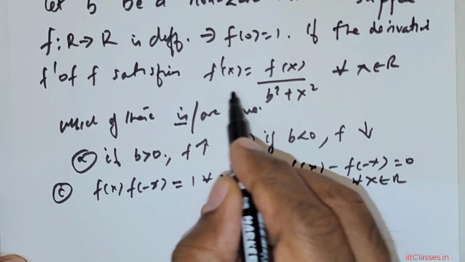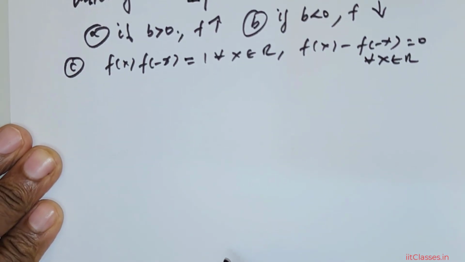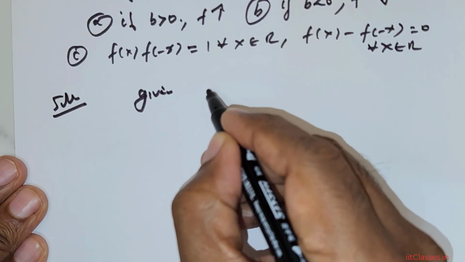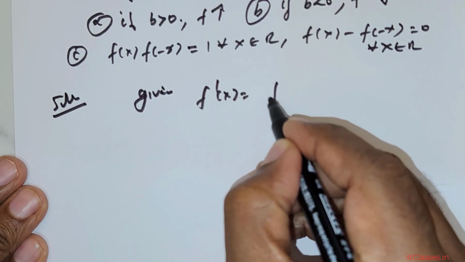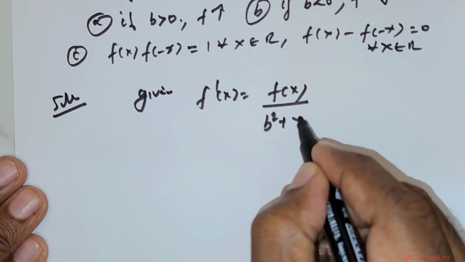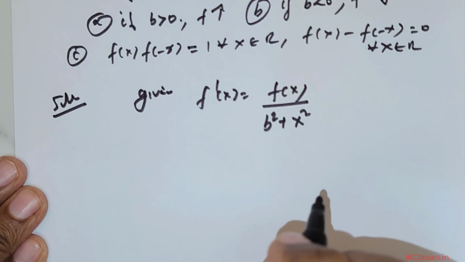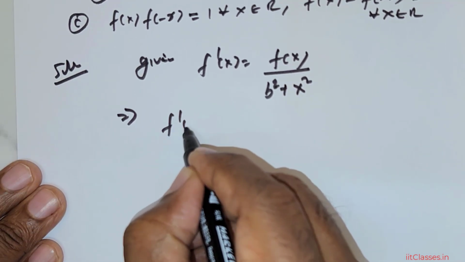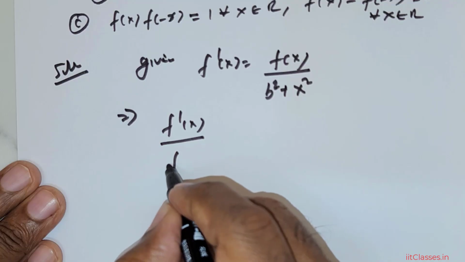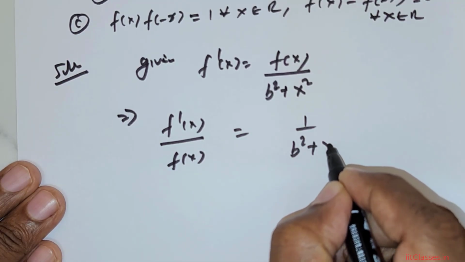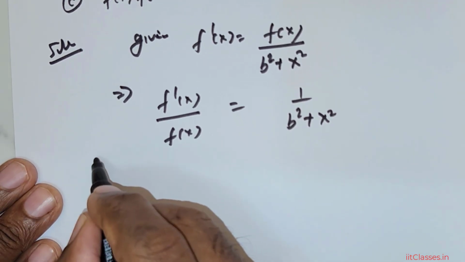Now this is what is given. Okay, so this is the solution for this question. Given f dash of x is equal to f of x over b squared plus x squared. Now what I wish to do is rewrite this as f dash of x over f of x is equal to 1 over b squared plus x squared.